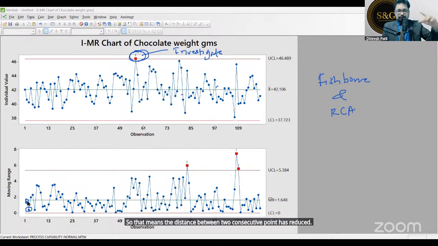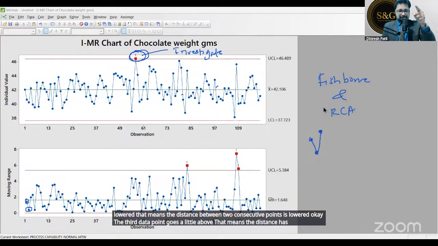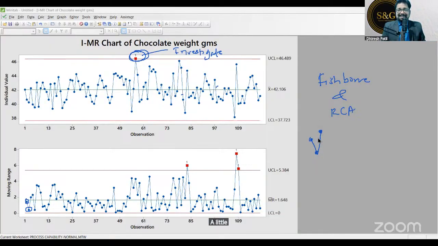The third data point goes a little above, so the distance has gone up a little. So this shows how the process is moving consecutively.